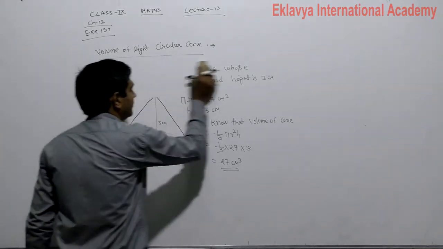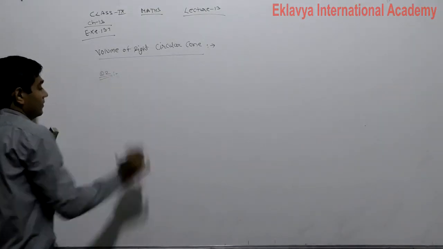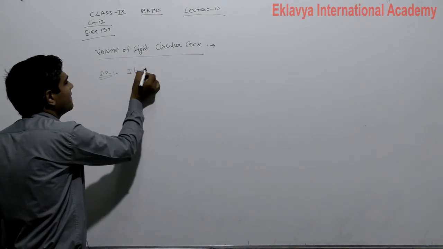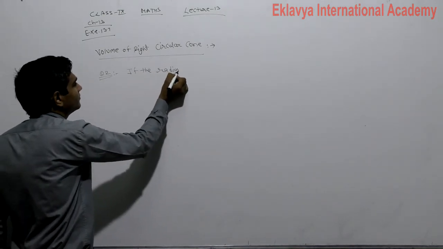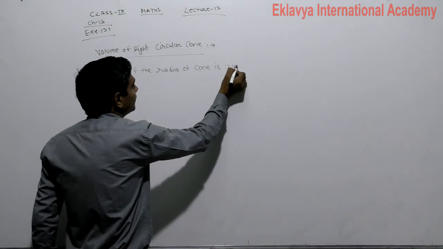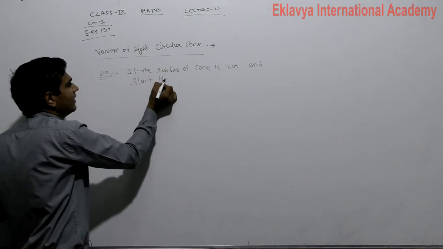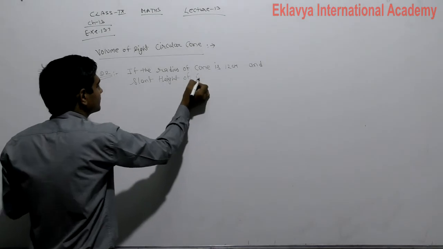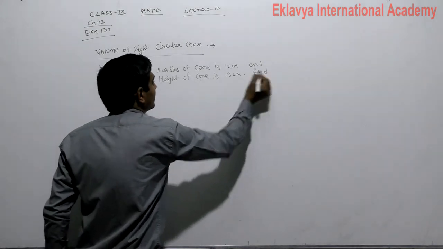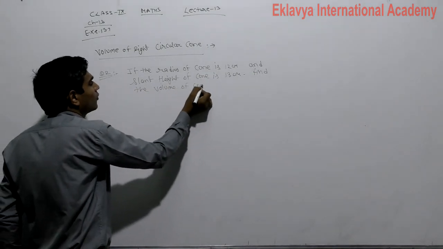In the second type of question, suppose in that question it is given that the radius of the cone is 12 centimeter and the slant height of the cone is 13 centimeter, then find the volume of the cone.